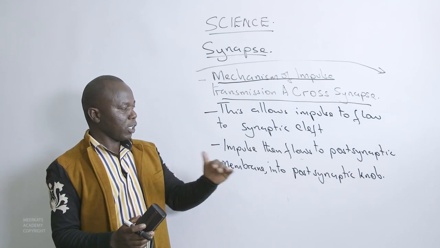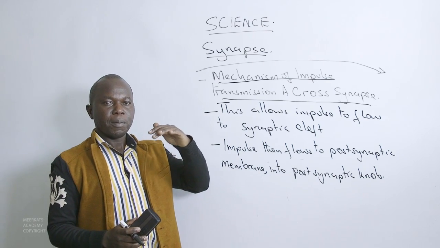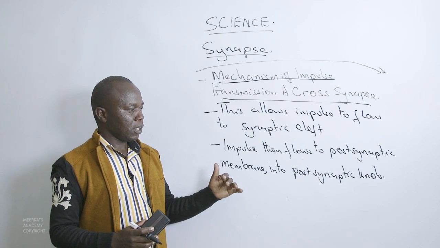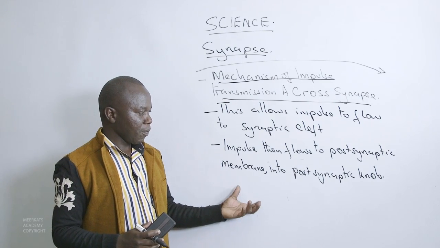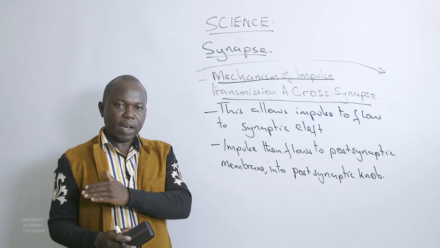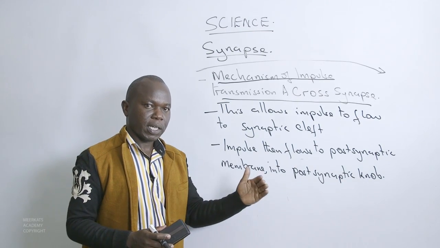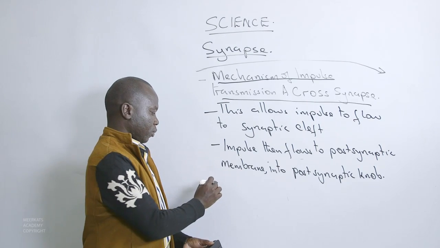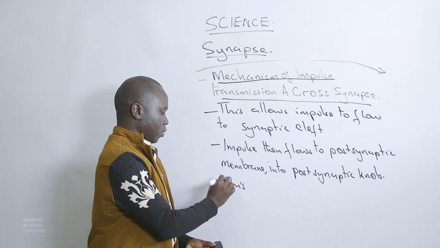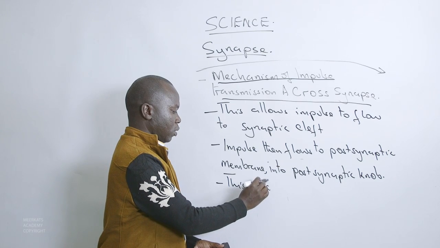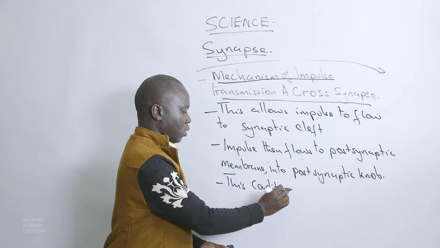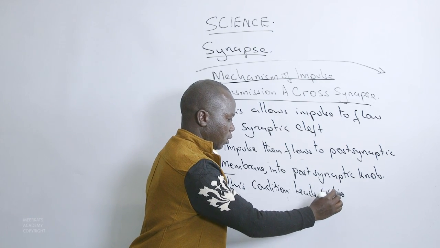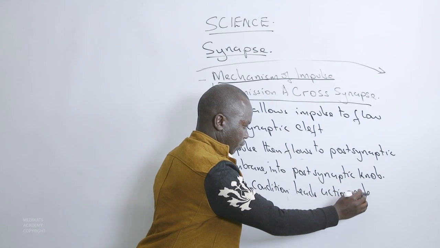Now, the whole action that is happening in the presynaptic knob and postsynaptic knob will cause a nerve impulse to flow across the synapse, and that condition, we call it an action potential. This condition leads to action potential.